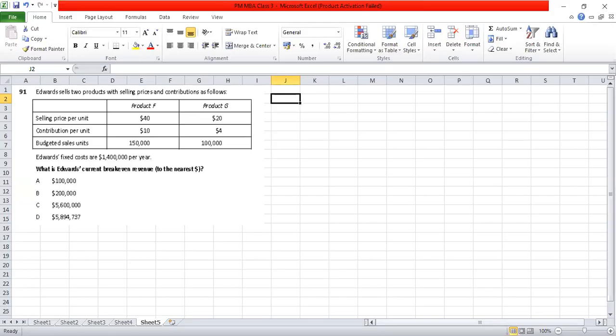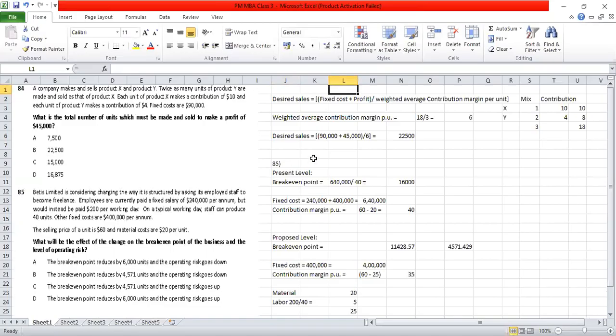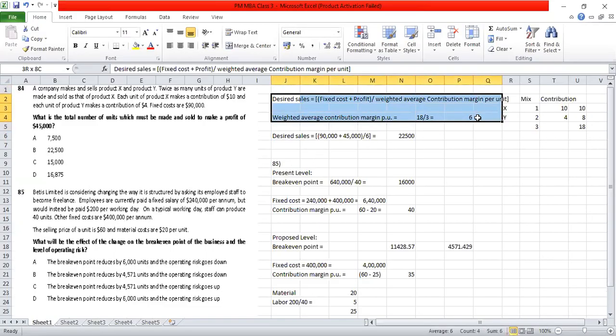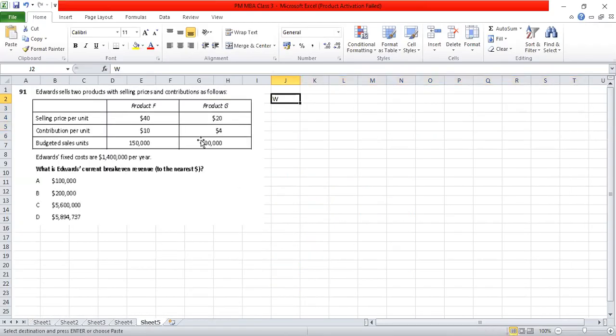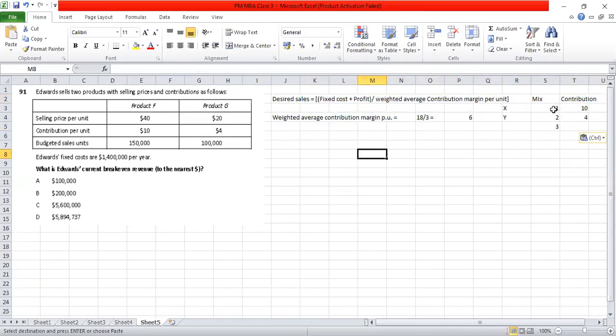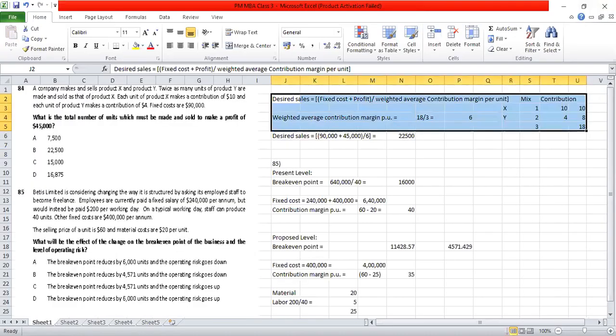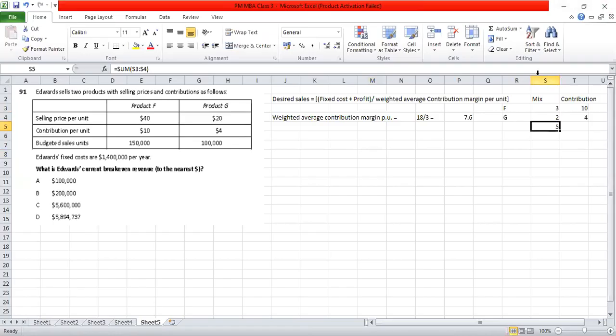How much is the weighted average contribution margin per unit? Okay, it's 38. 38 divided by 5.